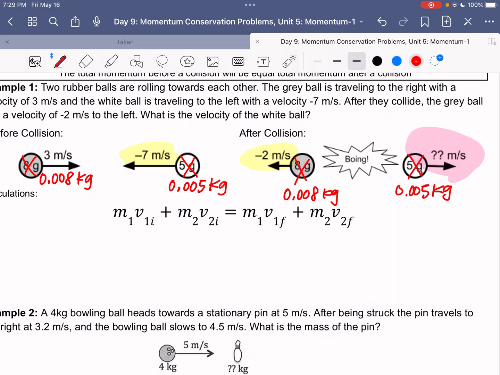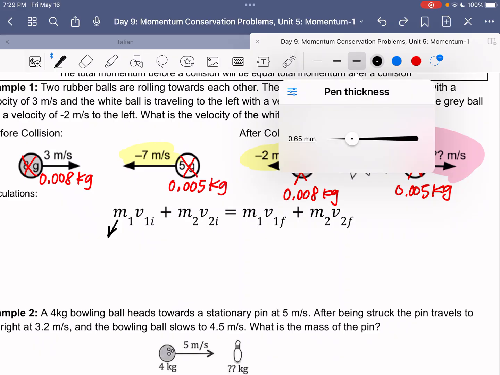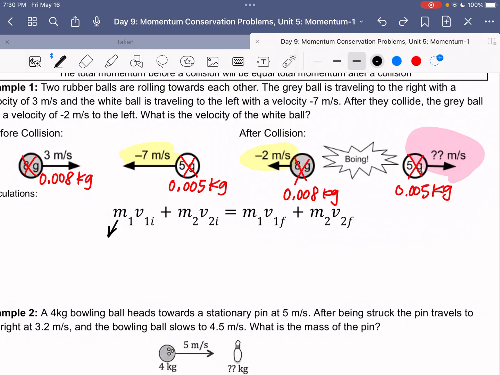So let's write out the equation. Mass 1 is 0.008 kilograms, right? That's the first mass.